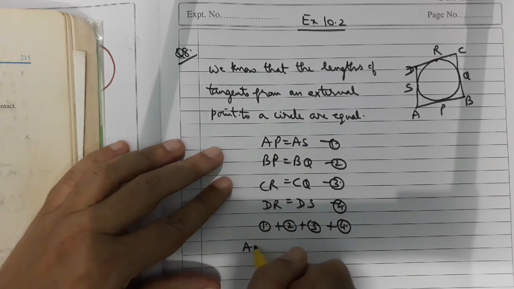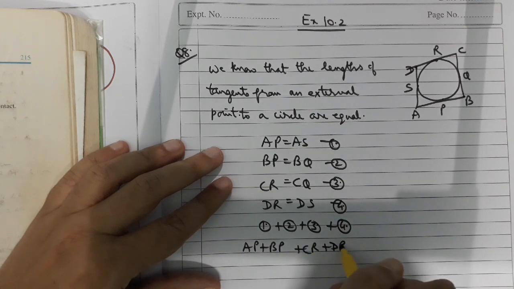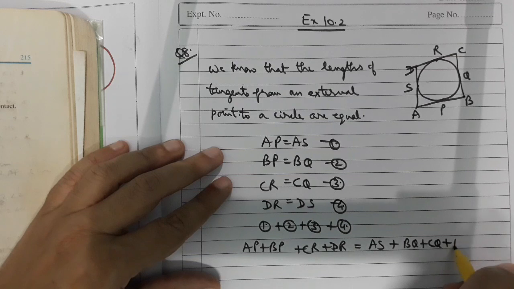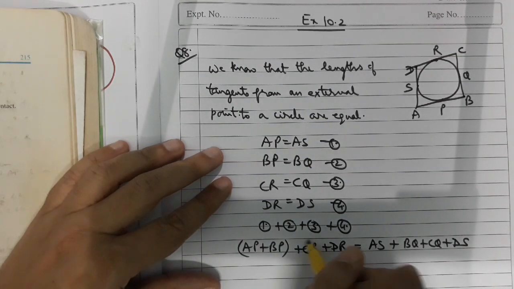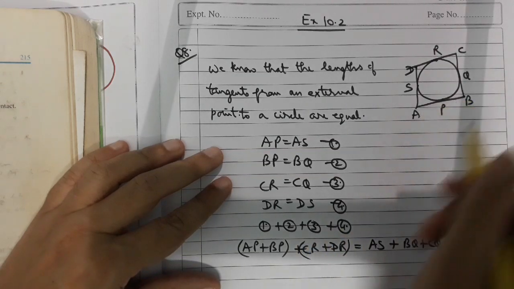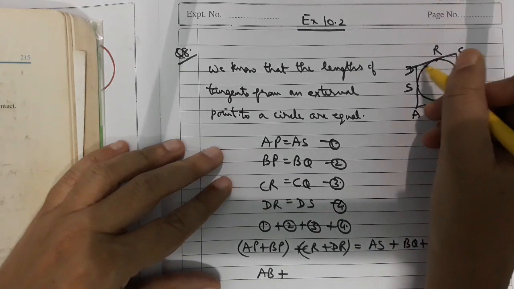So on adding we obtain AP plus BP plus CR plus DR is equal to AS plus BQ plus CQ plus DS. Now if we take this in one bracket, what is AP plus BP? It is AB. So we obtain AB plus, what is CR plus DR?